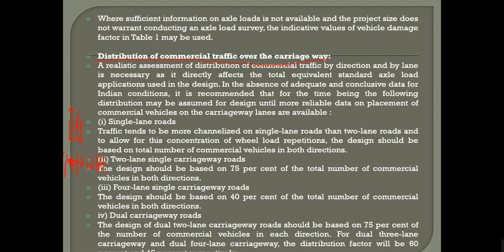Why are the number of lanes increasing? Why is only a two lane road not sufficient to be constructed between the origin and destination? Why do we have to go for a 4 lane road, 6 lane road, 8 lane road? Please tell me the answer to this question.